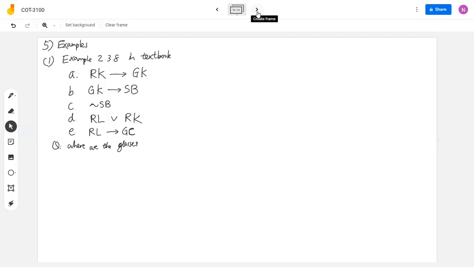So we have RK implies GK, and GK implies SB, and by transitivity we know that RK implies SB.